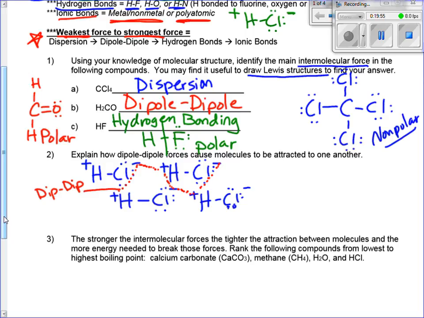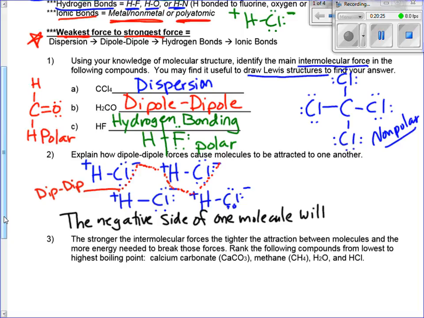We would say the negative side of one molecule will attract the positive side of another molecule.